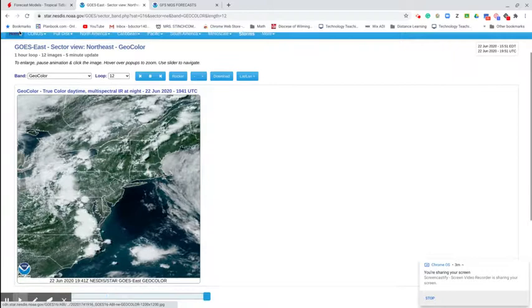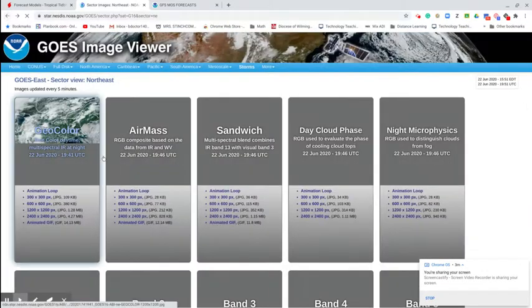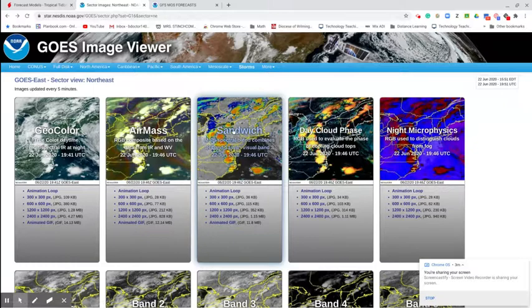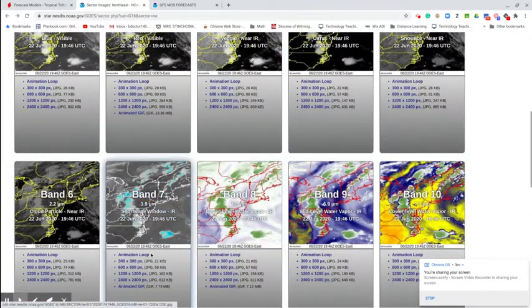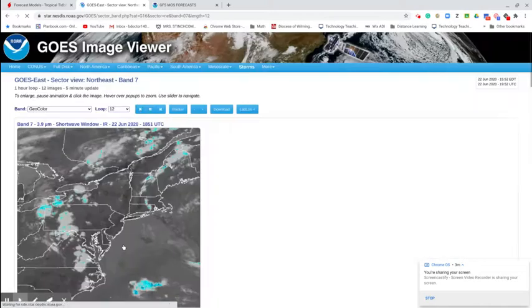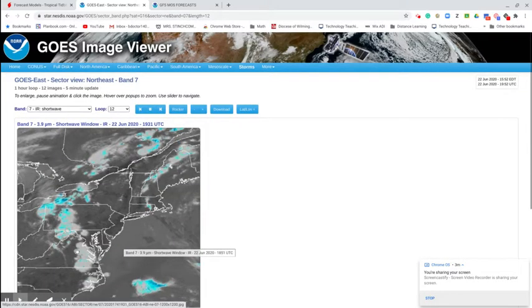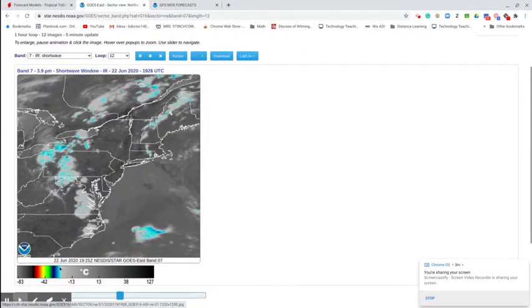All right, so that would lead me to go to the infrared shortwave window, because then you take a look at how cold the cloud tops are, and that tells you if the thunderstorms are really, really strong.